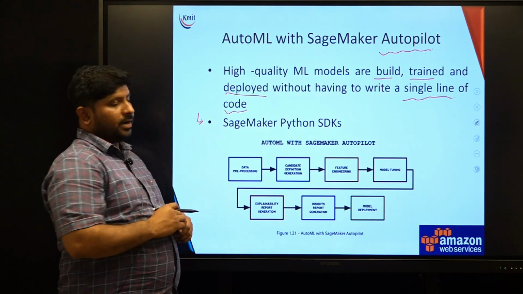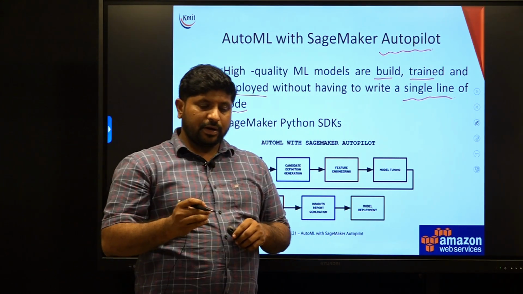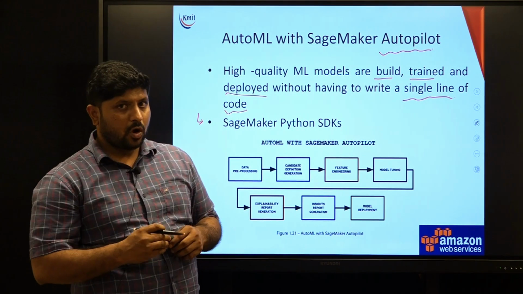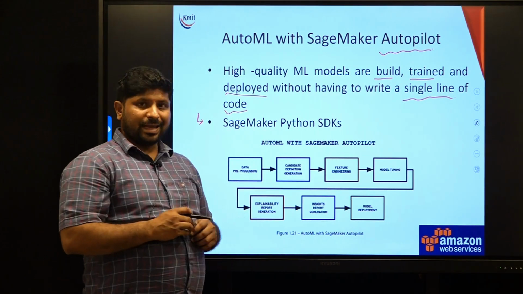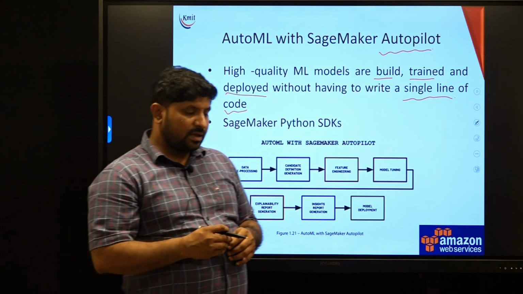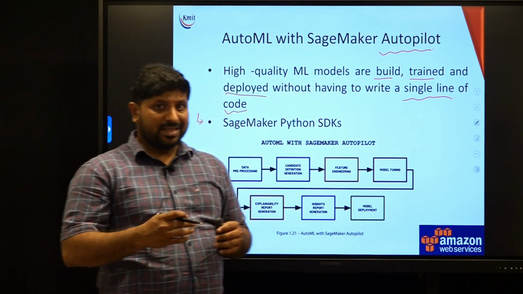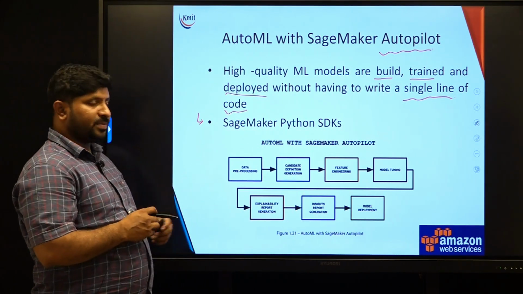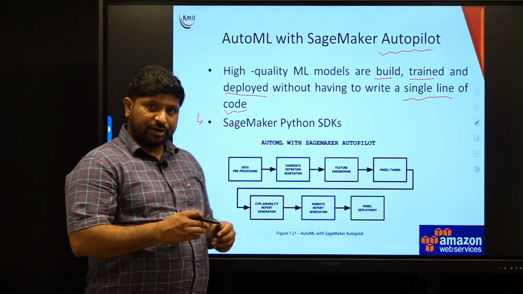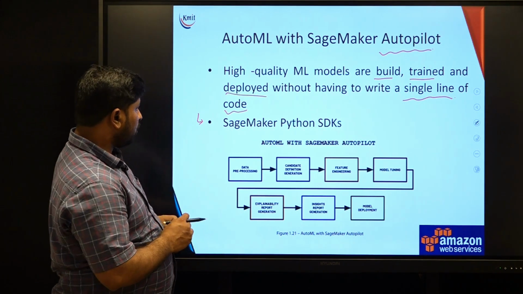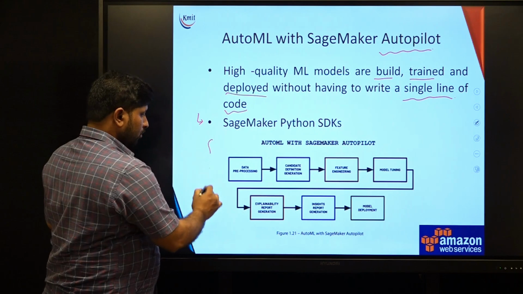This particular Autopilot we can integrate using plugins or APIs into the SDKs. Presently it is facilitating only the Python SDK, this SageMaker, for machine learning jobs. So what happens in the background?